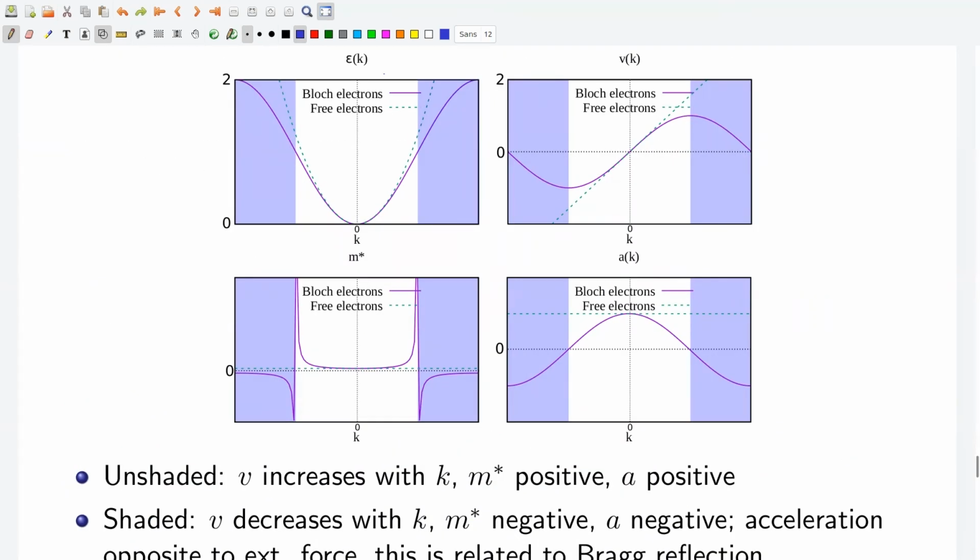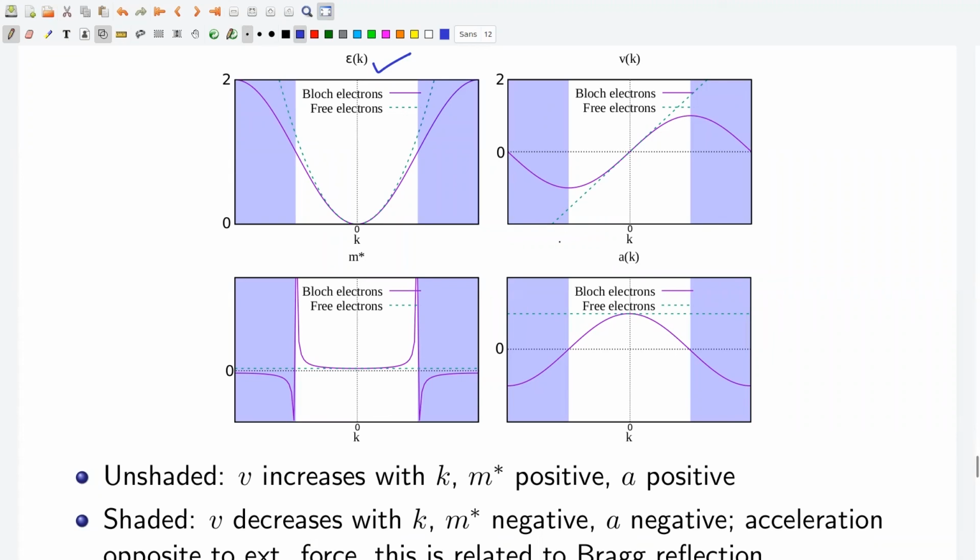Using a simple E(k) diagram, let me summarize various concepts discussed so far. The solid line represents the E(k) curve for Bloch electrons, and the dashed line represents the E(k) curve for free electrons. The curves are drawn only in the first Brillouin zone. We can see that near the zone center, E(k) curves of free and Bloch electrons are identical, and the difference becomes prominent as we go away from the zone center.